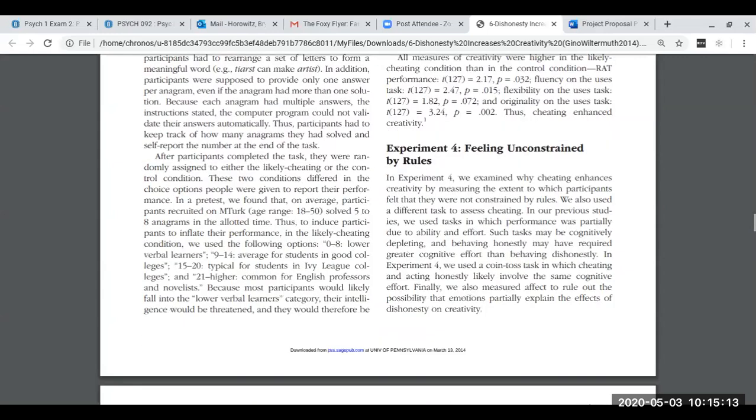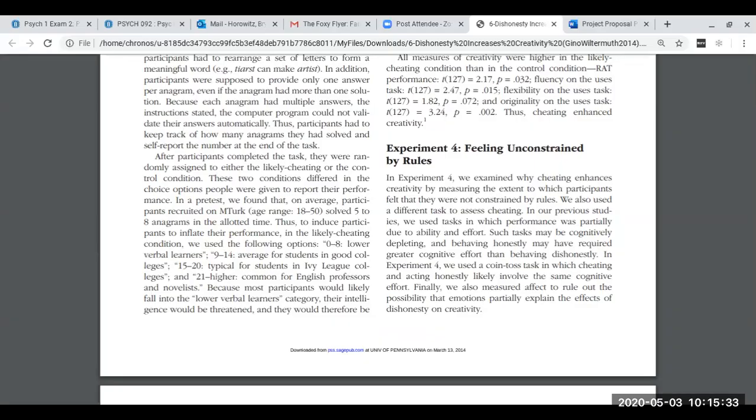Experiment 4, feeling unconstrained by rules. In experiment 4, we examined why cheating enhances creativity by measuring the extent to which participants felt they were not constrained by rules. We also used a different task to assess cheating. In our previous studies, we used tasks in which performance was partially due to ability and effort.